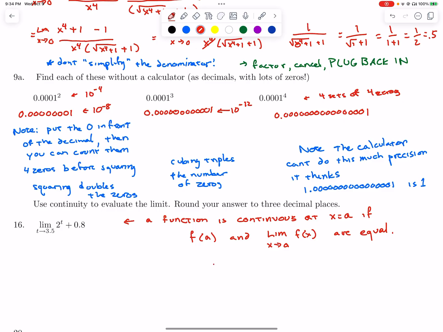Let's think about a picture. If I'm looking at f of x, continuous means the value of the function, which I'll do in blue, and the limit, which I'll do in green, match height-wise.